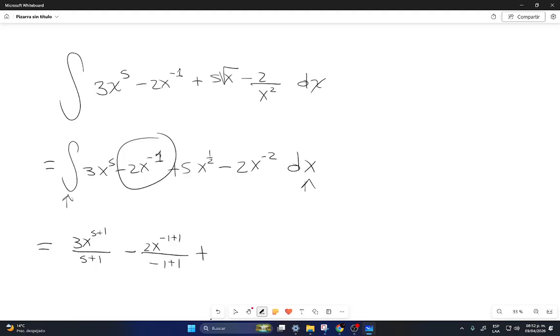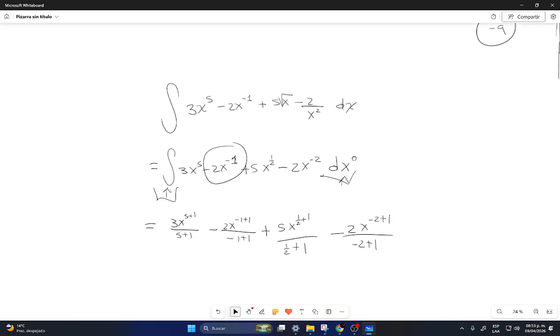That's the only exception. Okay, but let's continue. 5x to the power 1/2 plus 1 over 1/2 plus 1, and negative 2x to the power minus 2 plus 1 over minus 2 plus 1. I am no longer in need to write the differential because I already integrated.